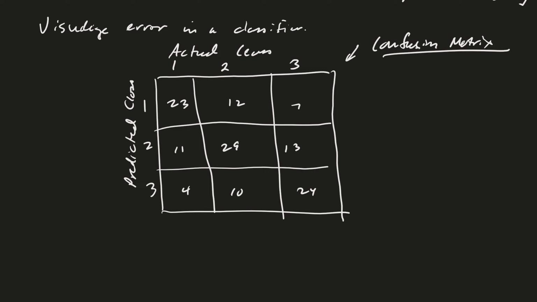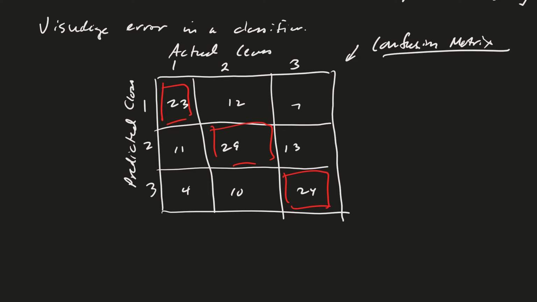And so the idea here is that we can take a look and see exactly how things were classified, and more importantly how things were misclassified. So if we look at the diagonal elements, by the way, the numbers that you see in the cells are the number of times this happened.